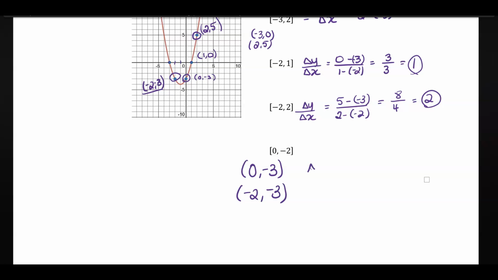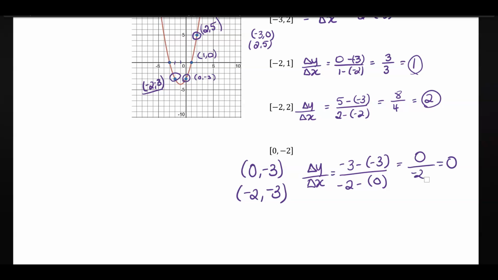So when I look at this rate of change, that delta y over delta x, I'm going to have negative 3 minus negative 3 all over negative 2 minus 0. All right.